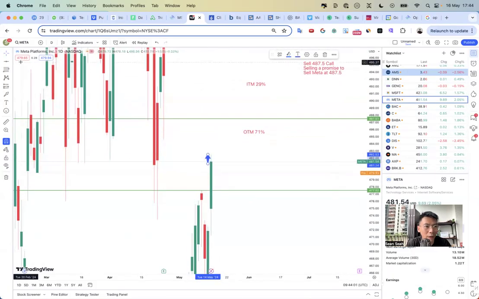Now it's already 479. So if the price goes up by $1, it will be deeper in the money. When it's deeper in the money, the probability of it staying in the money is even higher.